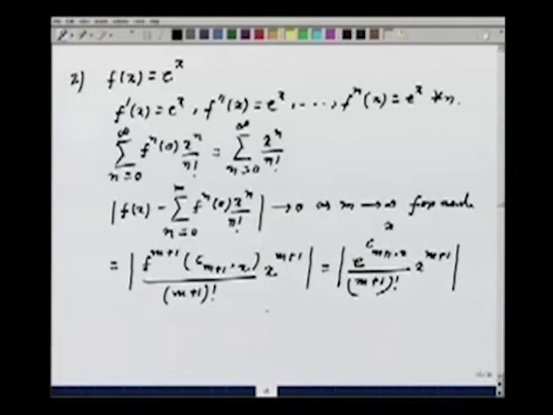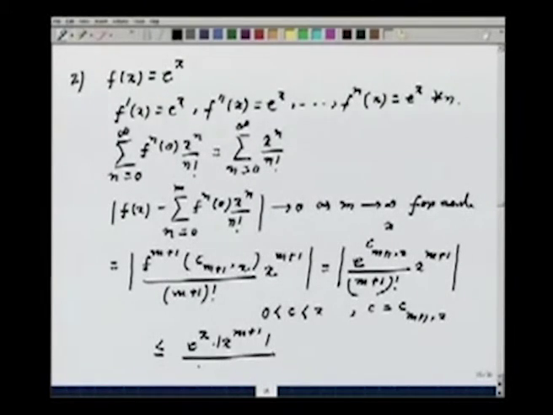But on c we have the property that 0 less than c less than x. So that means this whole quantity is less than or equal to e to the power x into x to the power m plus 1 divided by (m+1) factorial.